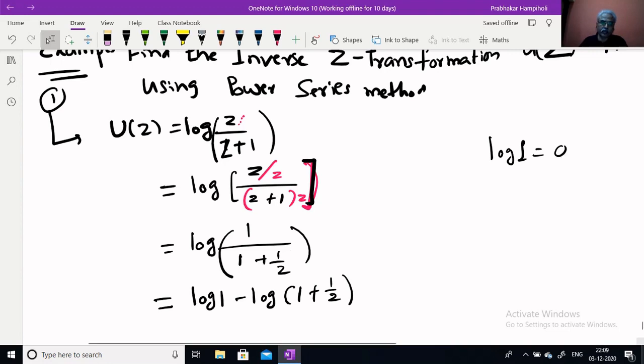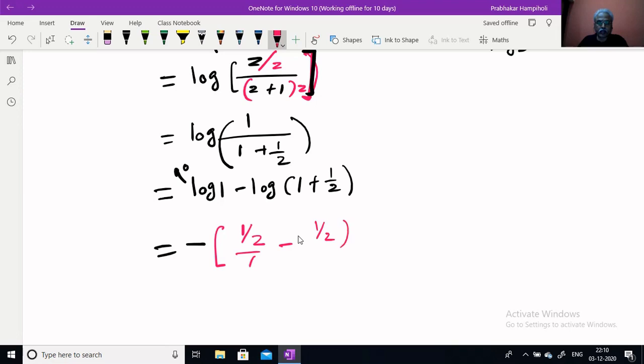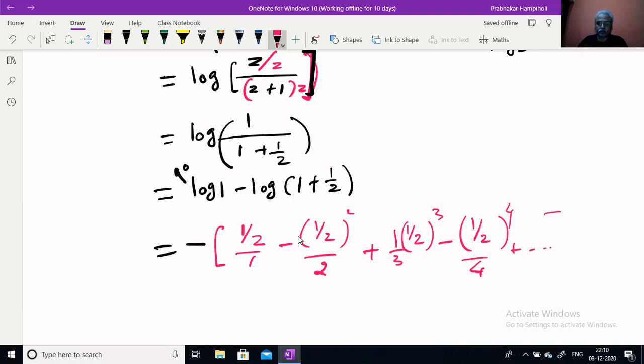So now 0 minus this. Let us keep the minus sign outside and use the Maclaurin series of the logarithm, which has alternately positive and negative signs: 1 by z minus 1 by z whole square upon 2 plus 1 by 3 times 1 by z whole cube minus 1 by z raised to 4 upon 4, and so on.